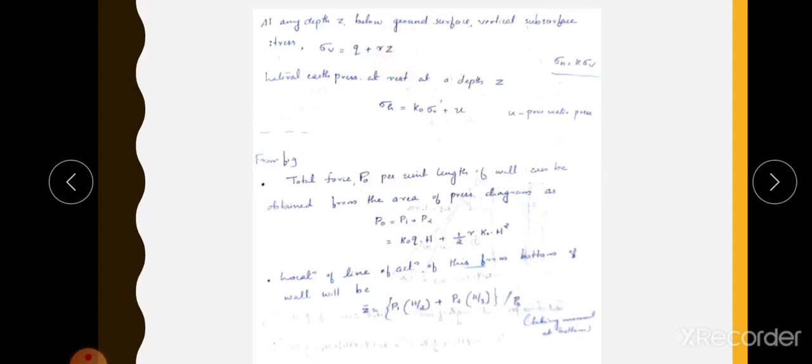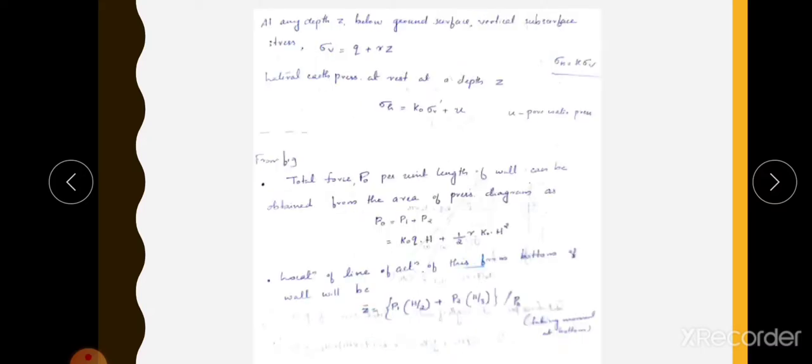So in this figure, I have explained that the total force P0 per unit length of the wall can be obtained from the area of the pressure diagram, that is P1 plus P2. P1 is the area of the rectangle portion, K0 into Q into h. Then P2 is the area of the triangle, that is half into gamma into K0 into h square.